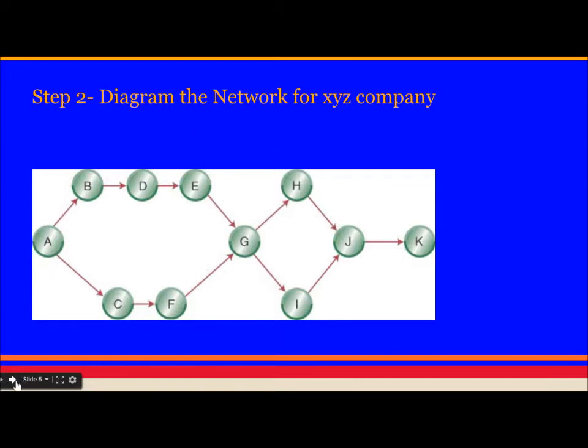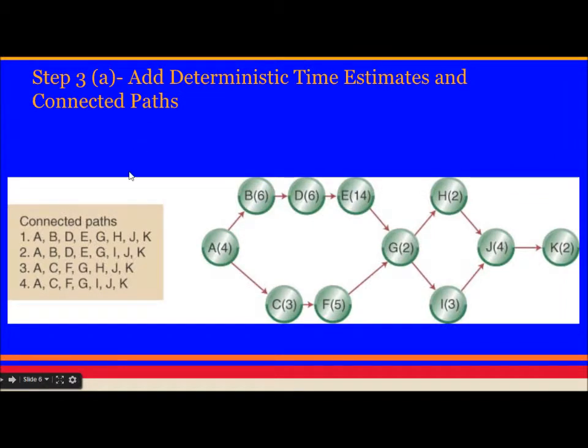Now we put in the durations, looking at the table which was given before. A has taken 4, B 6, likewise. So what we need to do is first find the connected paths. A, B, D, E, G, H, J, K is one connected path.